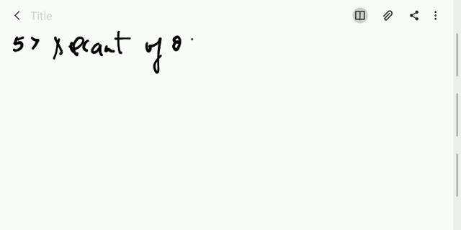Now the fifth one is secant theta. Secant of theta. Now what is this secant of theta?